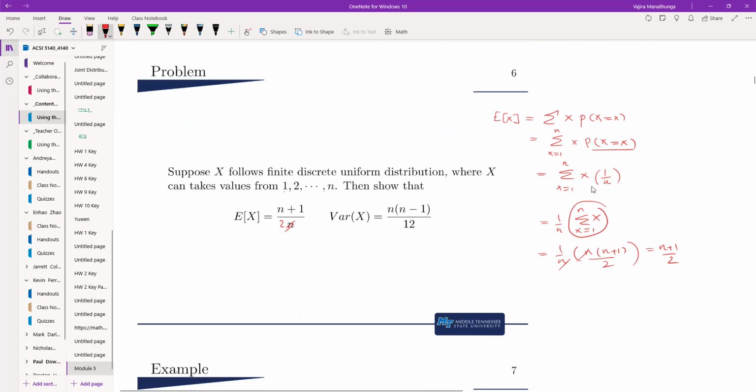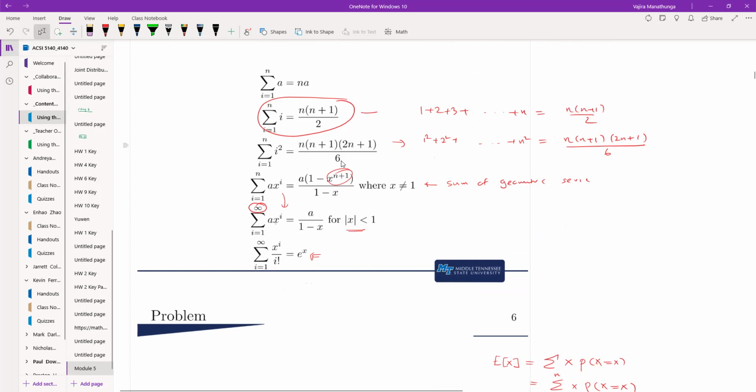The same way you can calculate the variance of X, but before that you first calculate the second moment. Using the definition, the sum of x squared times the probability X equals x, which again goes from x equals 1 to n, and the probability is still 1 over n. So you can take 1 over n outside, and then substitute this one. We already have the formula here: n times n plus 1 times 2n plus 1 over 6.